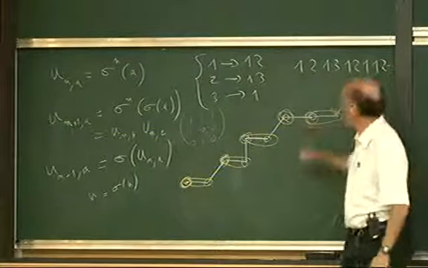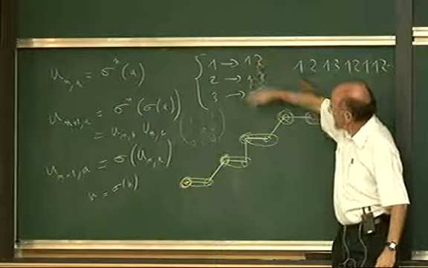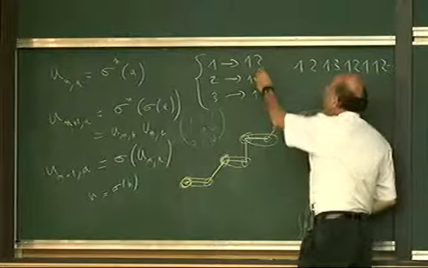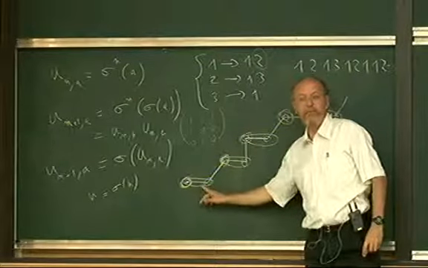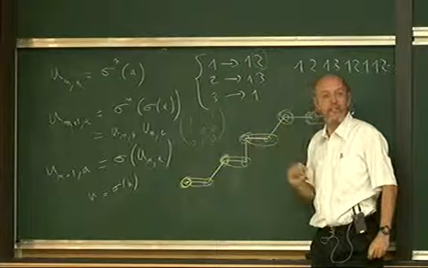And you can see, because of the nature of the substitution, that each starting point is a 1. Then 2 will only occur at the second letter of the image of 1. And 3 will only occur at the second letter of the image of 2.